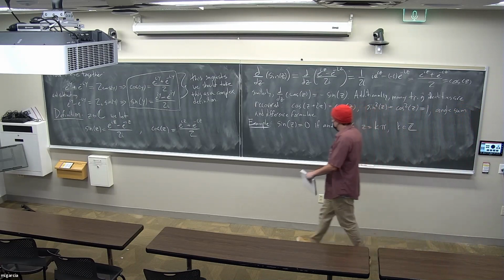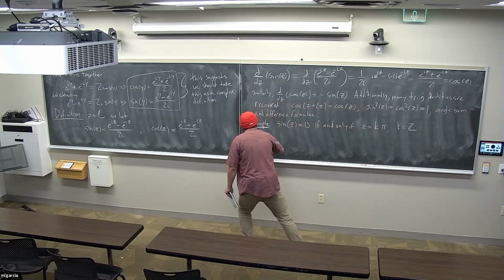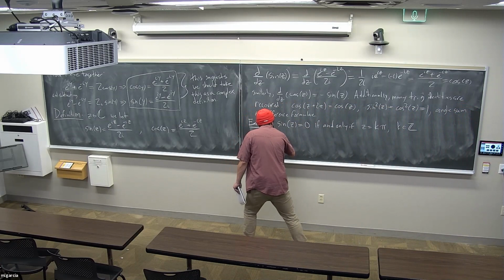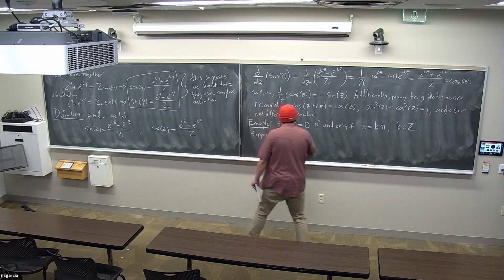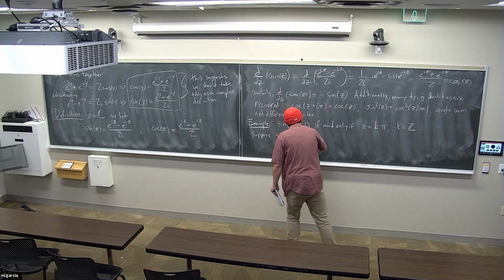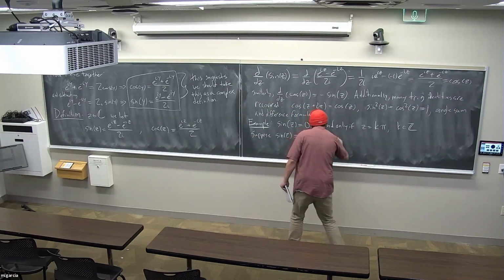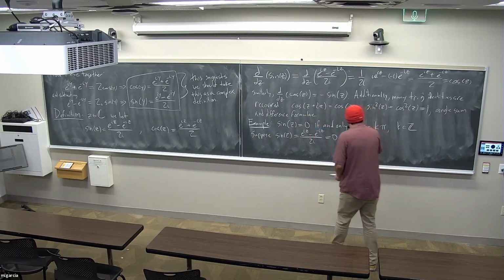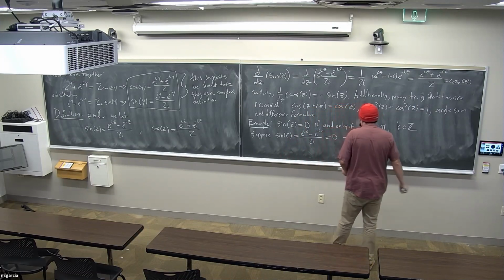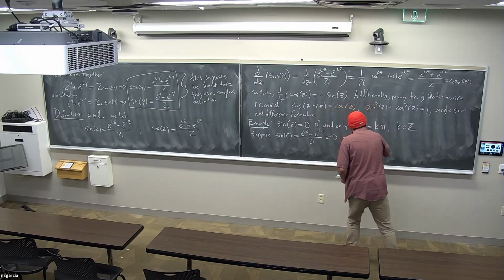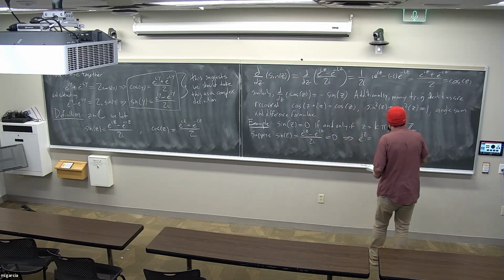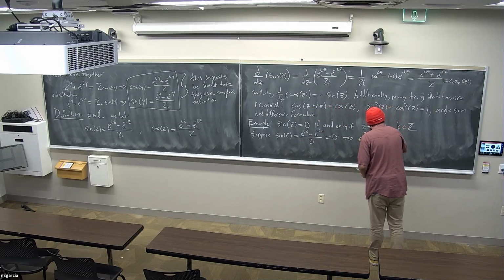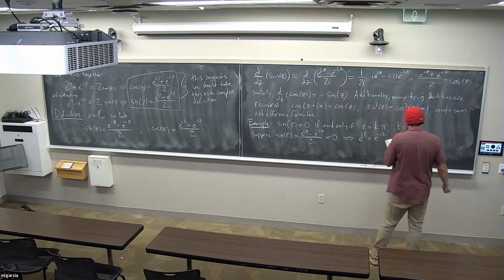Okay, so let's suppose sine of z, which just by definition is e to the iz minus e to the negative iz divided by 2i, is equal to 0. Well, this implies that e to the iz is equal to e to the negative iz, right?